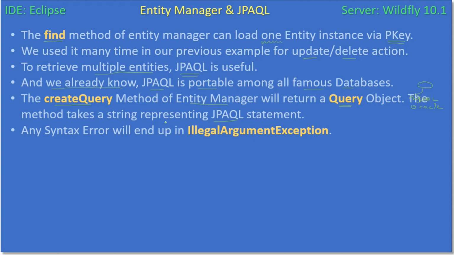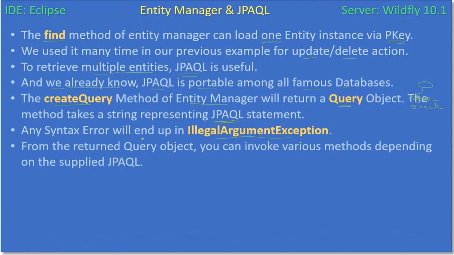Any syntax error. So here the JPA-QL statement we are stating, right? That means it's a string. So the string should adhere to a specific syntax of JPA-QL. If not, we will get an illegal argument exception. From the returned query object, you can invoke various methods. Here we are talking about the query object that gets returned by the entity manager's createQuery method, and the createQuery method depends on the JPA-QL statement.